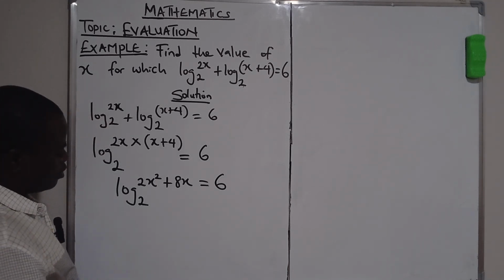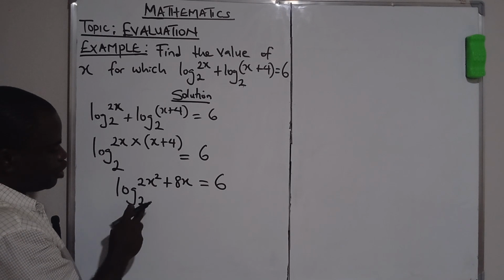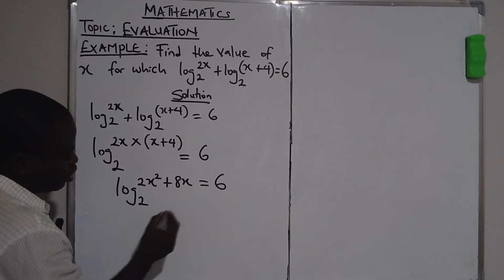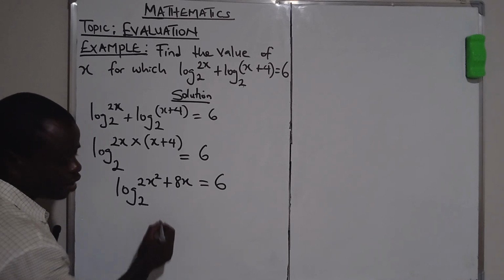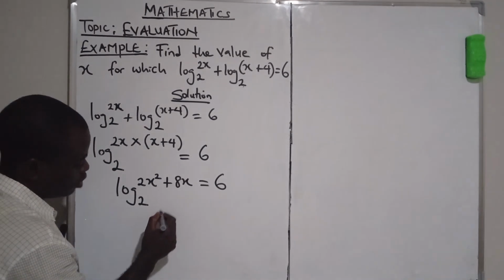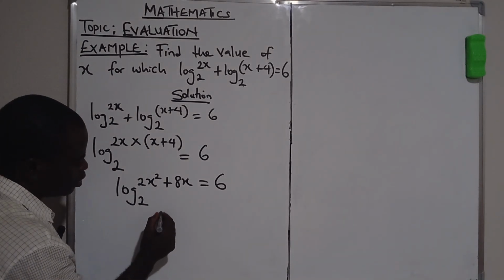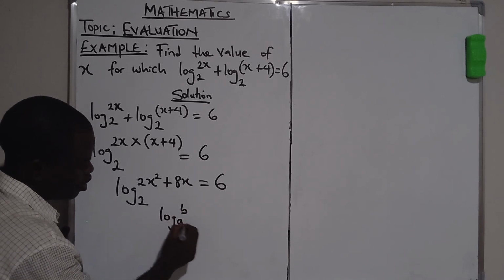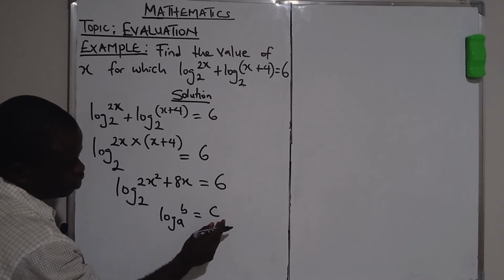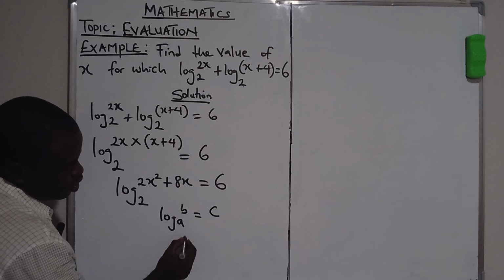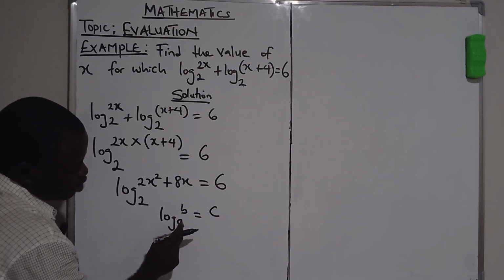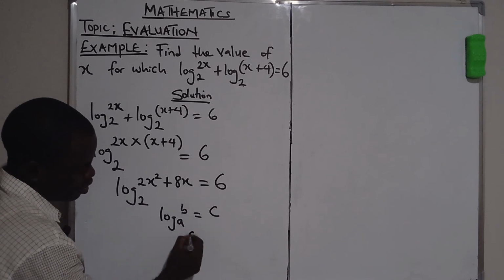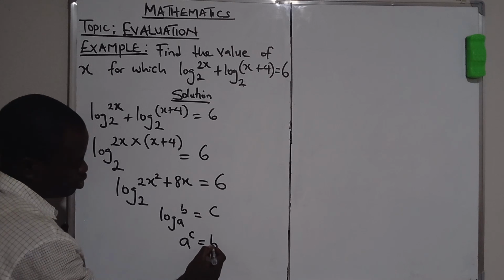In this case, we want to remove this log from this side. When you're having something like this, there is a law in indices that says log b base a equals c. For example, it will now be a raised to power c equals b.